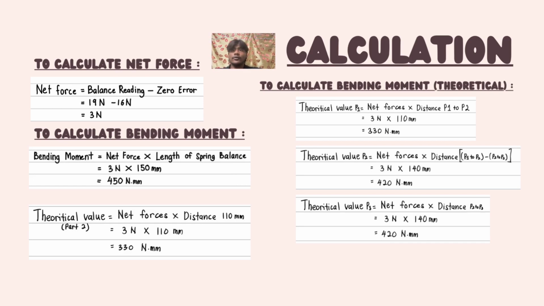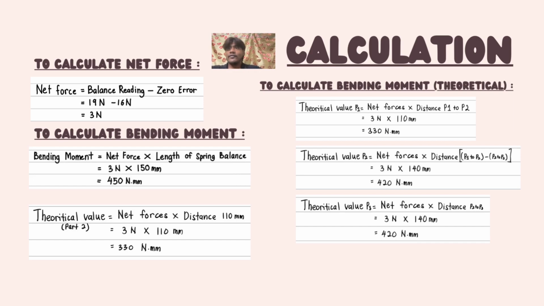Next, to calculate the theoretical bending moment at part 2, we use the theoretical value at part 2 equals net force times the distance that we set at 110 mm. Next, to calculate the theoretical bending moment for part 1, theoretical value P1 equals net force times distance P1 to P2.